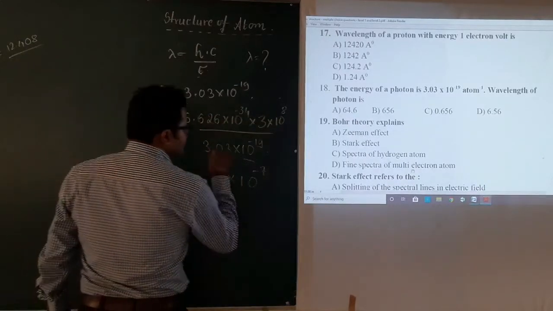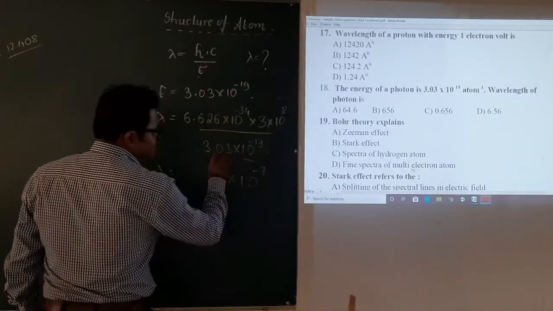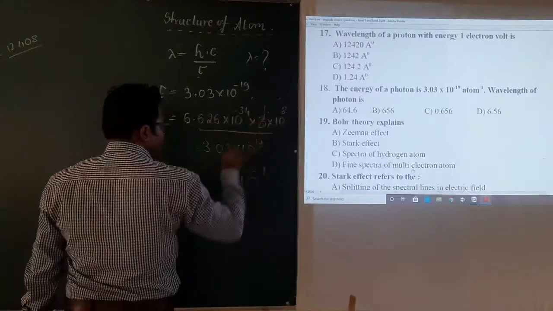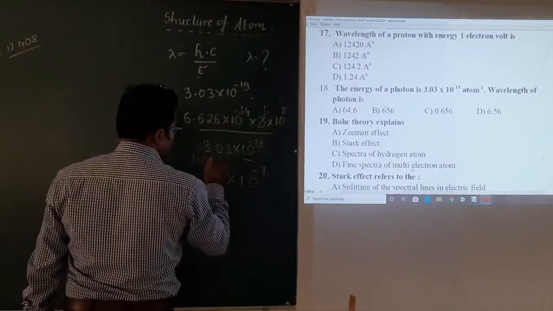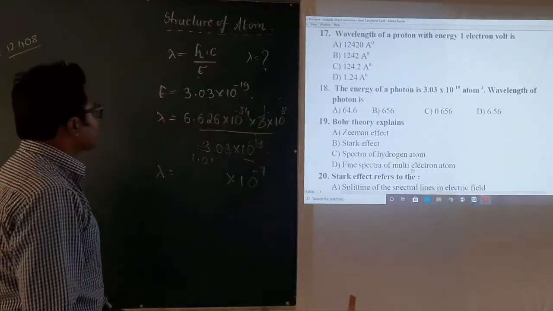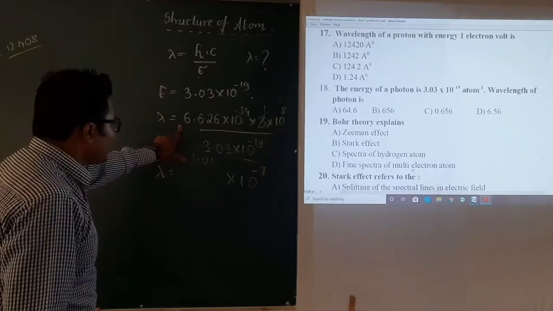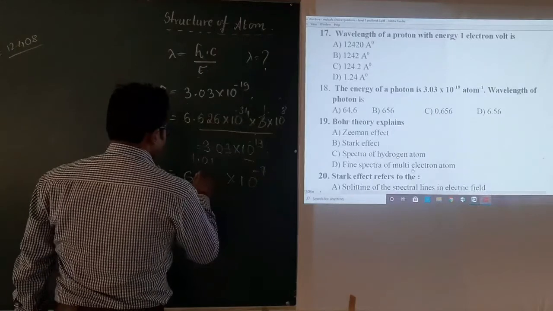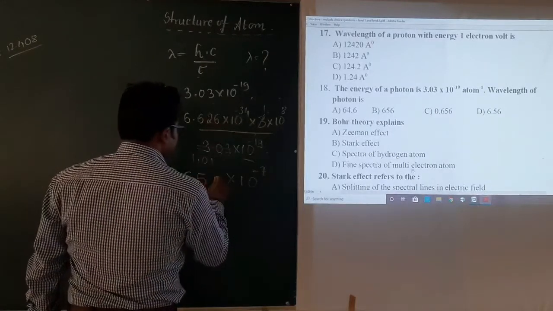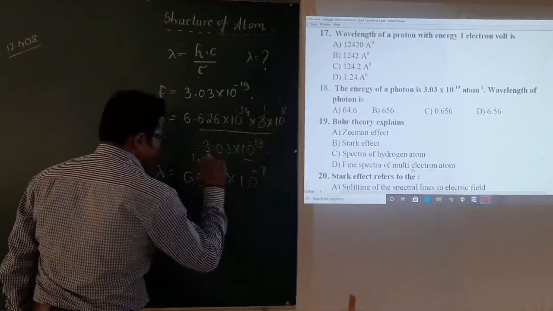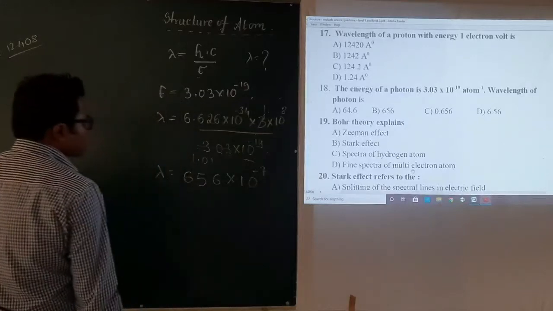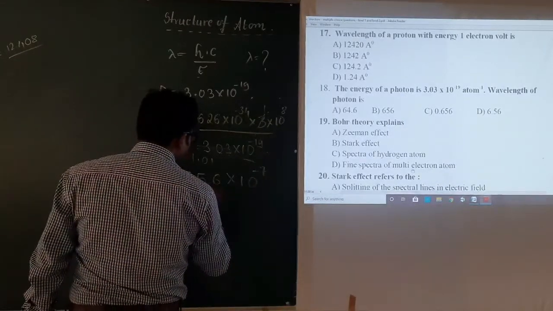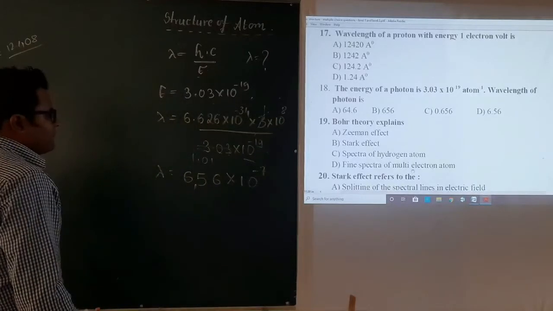Okay, so 6.626 into 3 is divided by 3.03, and when you divide this, you are going to get it nearby 6.56.